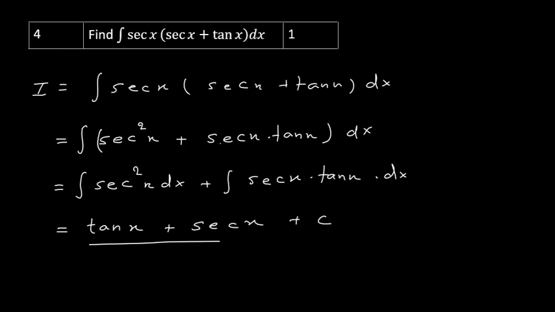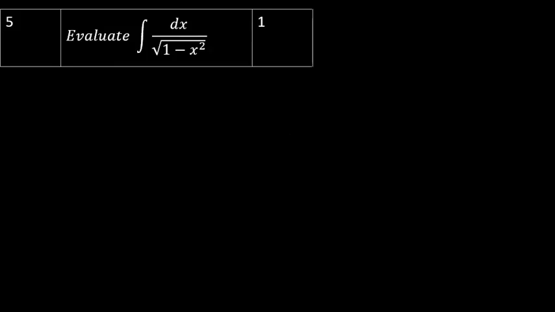So for 1 mark questions, we see that the problems are very simple. Only you have to remember the respective formulas. Now let us see the fifth question. Fifth question is integration I, it is 1 upon root of 1 minus x square dx.